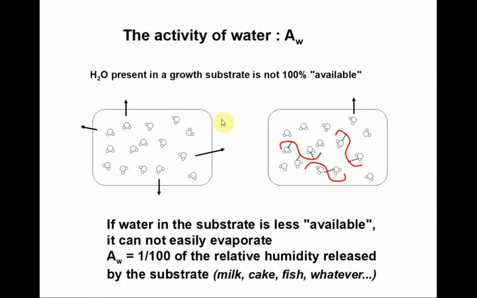Okay, I'm going to just go through this because it's a very related concept, the activity of water. Salinity is one particular case of the medium where water availability will be higher or lower according to the salinity, and this will impact bacterial growth.